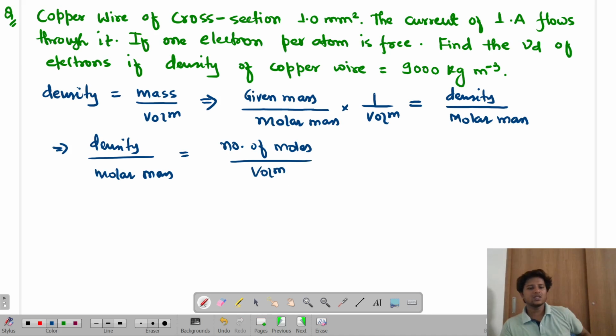Because density by molar mass will give me the number of moles of atoms, and from this I can calculate the number of free electrons.